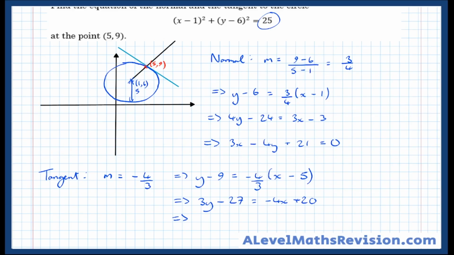Not that you specifically need to do that. As I said before, any 3-term equivalent is fine. So we've got 4x + 3y − 47 = 0 is the tangent to that circle.